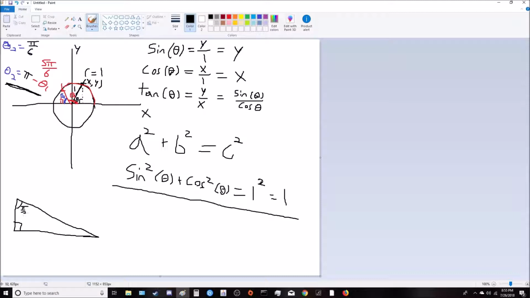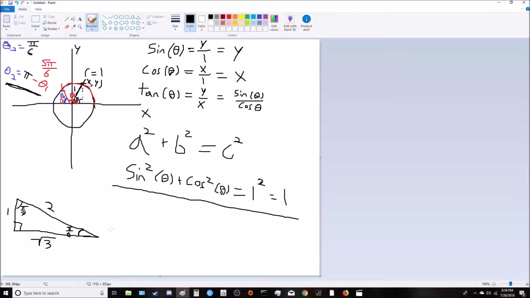But I'm going to define everything in terms of radians because that's the metric that is more commonly used in mathematics, the ones that you're going to see on your tests. And if you'll remember back to our special triangles video, these ratios are going to be 1 to root 3 to 2.